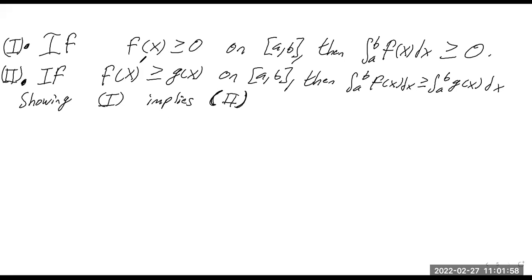And obviously this is about integrable functions on this interval. So even though I didn't write the hypothesis, let f and g be integrable on a to b, essentially just any theorem or property I state here, take that as given. I'm not going to discuss functions which are not integrable.